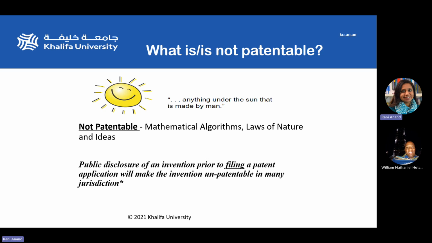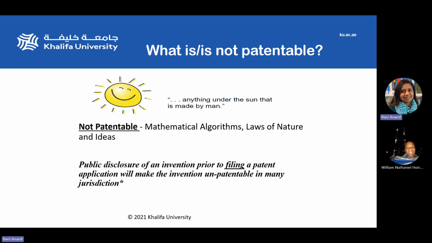Public disclosure of an invention prior to filing a patent application will make the invention unpatentable in many jurisdictions. For example, if you have an idea for a patent, don't present it in a conference or publish it in a research paper.